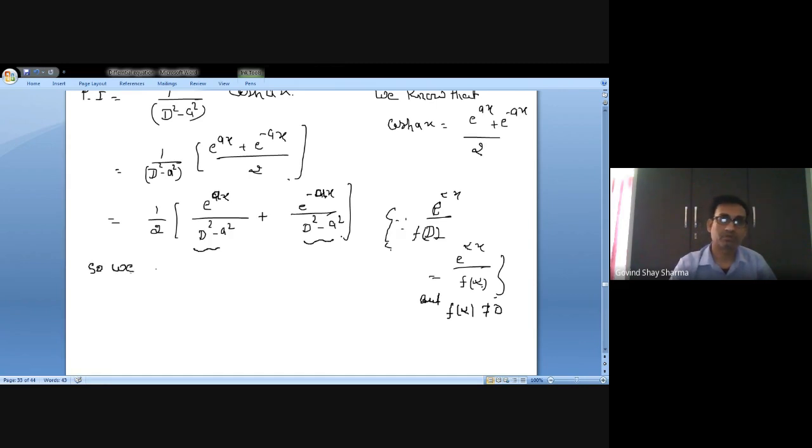So we apply the other rule: we multiply with x e to the power ax and then f dash, plus again x e to the power minus ax.